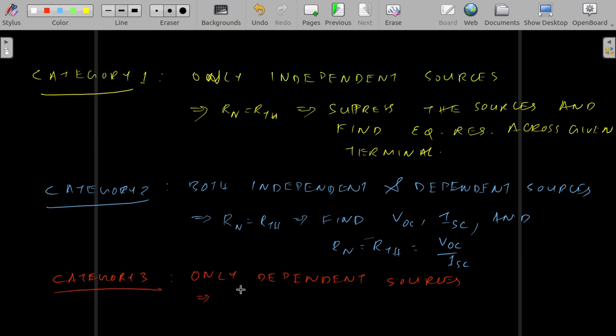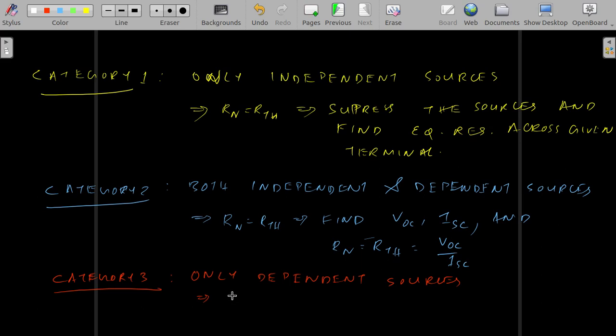Within a circuit, any source will have some sort of response everywhere, right? To find the resistance RTH and RN for a circuit having only dependent sources, we obviously cannot suppress the source, and we cannot directly use this definition because we don't have any independent sources within the circuit to energize the dependent source.